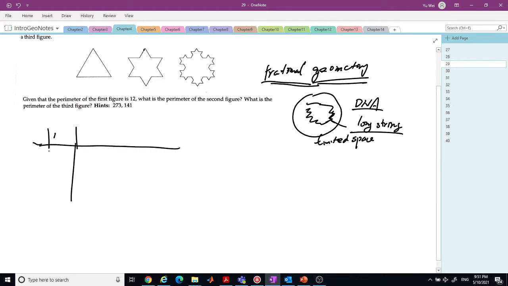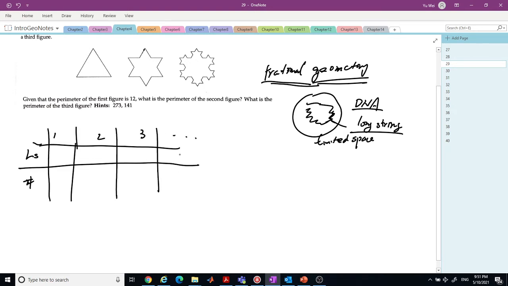We have the figure number, the side length, and the number of sides: 1, 2, 3, and so on. For the first figure, let's assume the side length is A, and we have 3 sides.